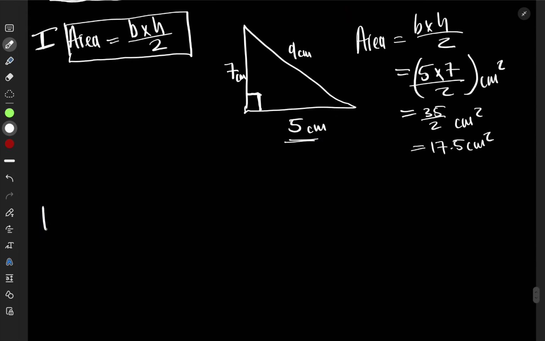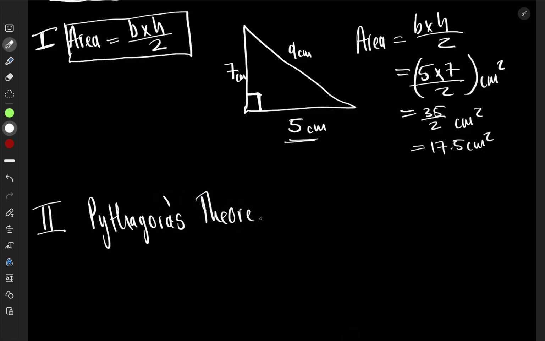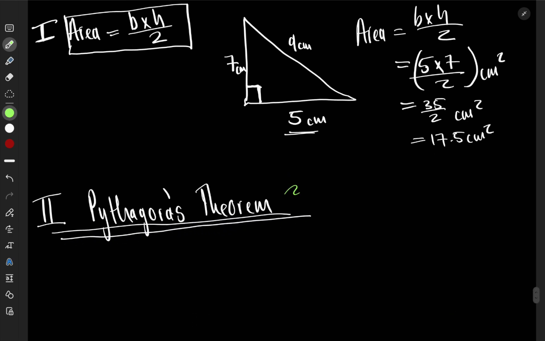Now, the second thing you're going to look at, very important, is the Pythagorean theorem, or you might hear it mentioned as the Pythagoras theorem. We use this when we have sides only.